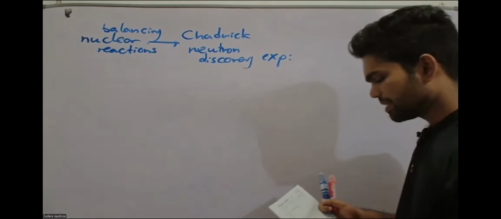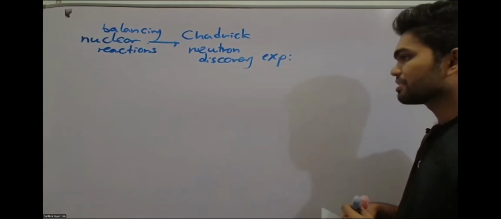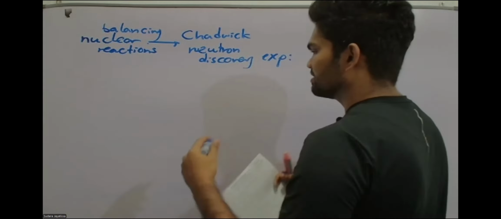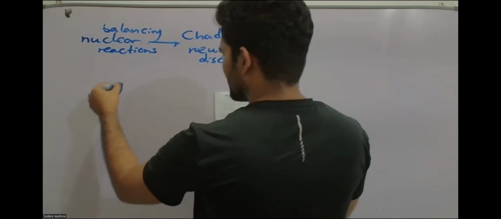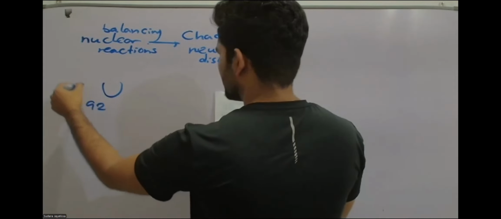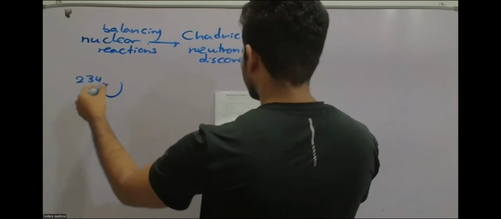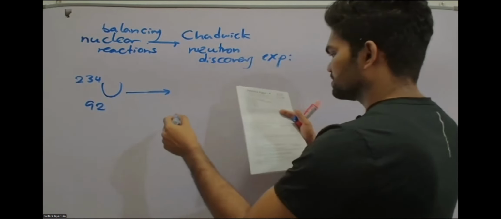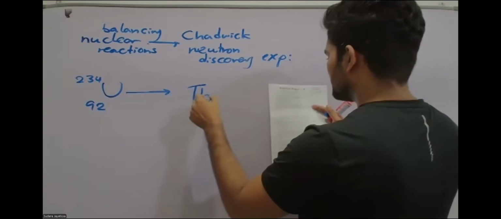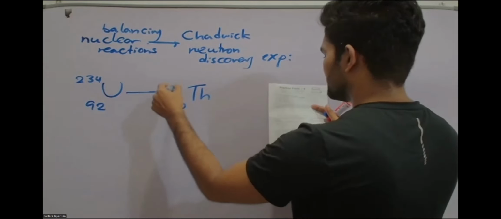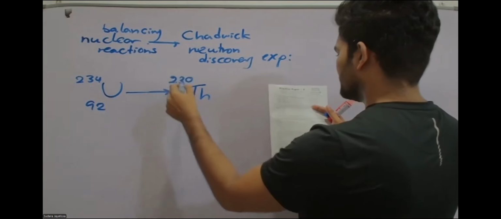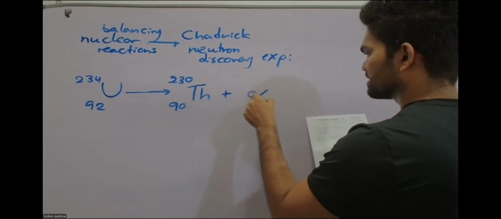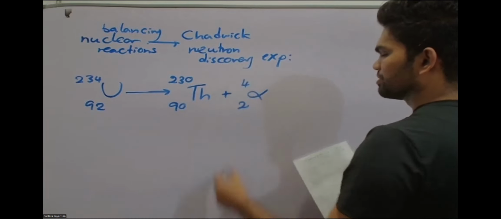Still I'm going to explain, so let's take the third one. That is our answer. It's uranium 92, 234. That one gives you thorium 90, 230, and an alpha particle. Alpha is 2, 4.